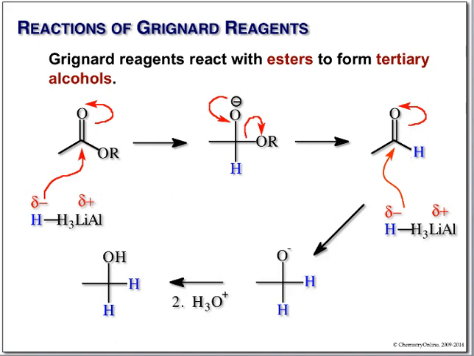So we've taken an ester, and we've converted it to a primary alcohol. We've added 2 moles of hydride. This is the same reaction that happens with a carboxylic acid, except instead of OR leaving, we have OH. So this works for both esters and carboxylic acids.